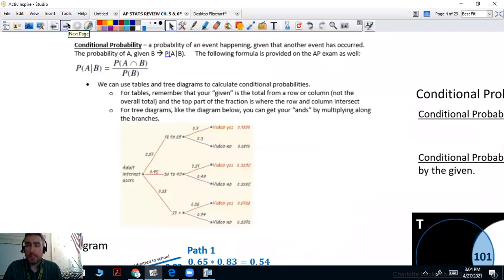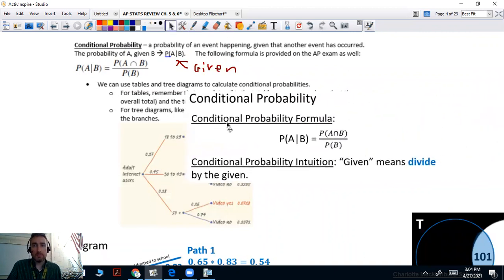We can do something called conditional probability, which is focused on the word given. When you read that, you say A given B. Formulaically, it's the intersection divided by what's given. Intuitively, you take what the and is and divide by the given. So I like to refer to this formula as and over given.